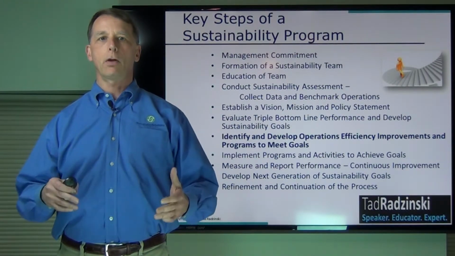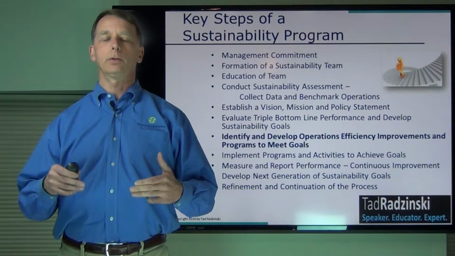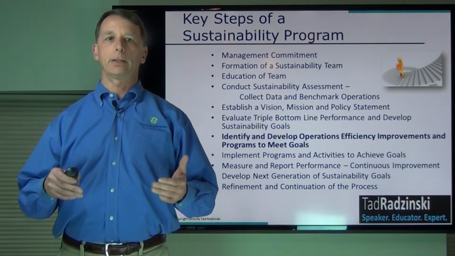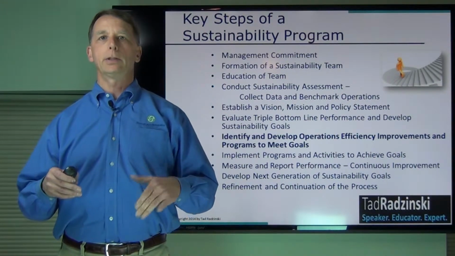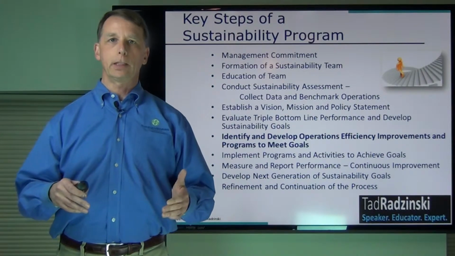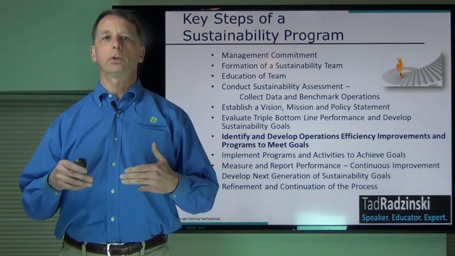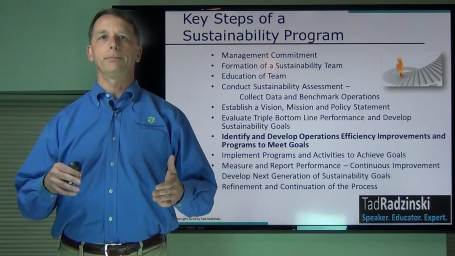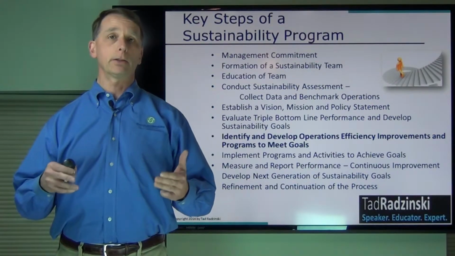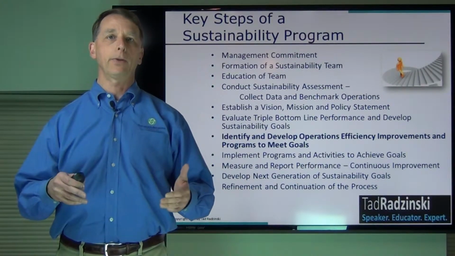And after you've done all that, then it's really time to start to identify and implement these opportunities that are going to help drive your sustainability program, but also to improve the recognition by your management that this is a really valuable thing.